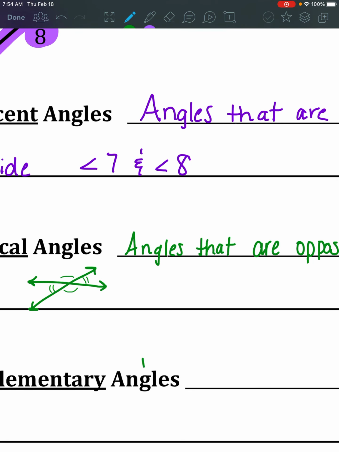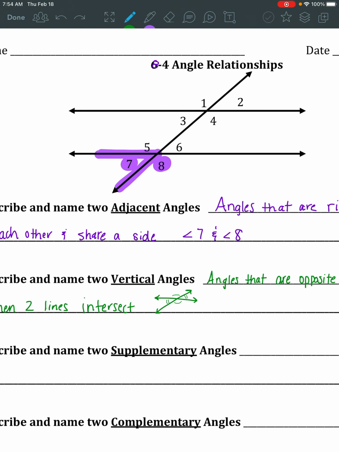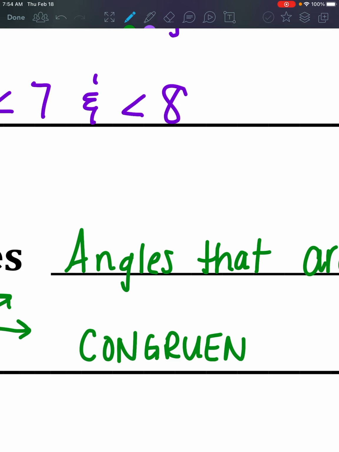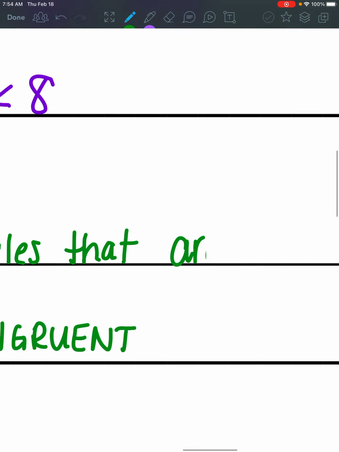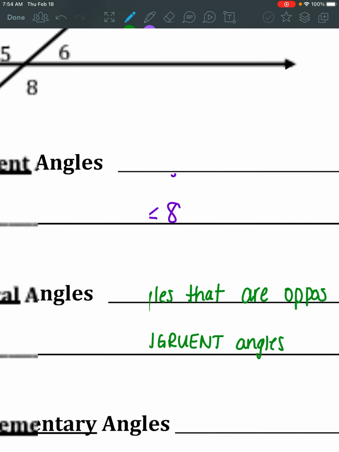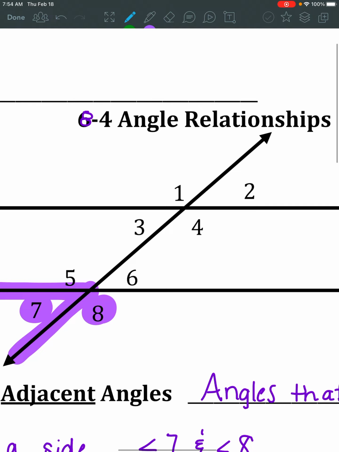So angles that are opposite of each other when 2 lines intersect, and we're also going to say they are congruent, which means equivalent, the exact same, congruent angles. So that's the nice thing about vertical angles, because once you know one angle measurement, the angle directly across from it is the exact same angle.